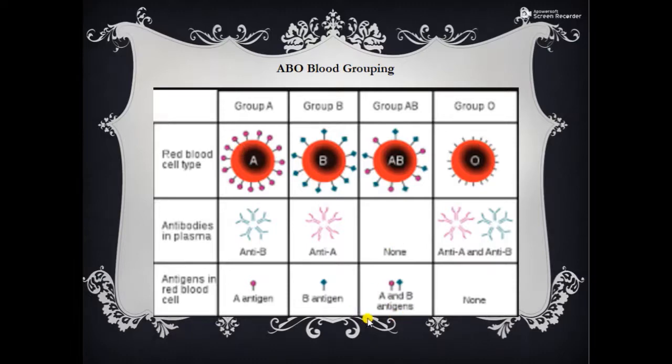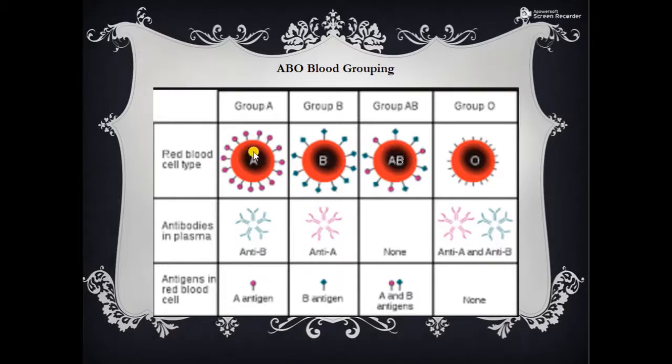If you have a B blood group, you have a B antigen on the RBC. And if you have group AB, you have both the A antigen as well as the B antigen present on the RBC.